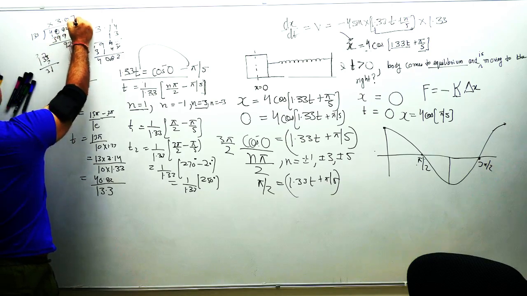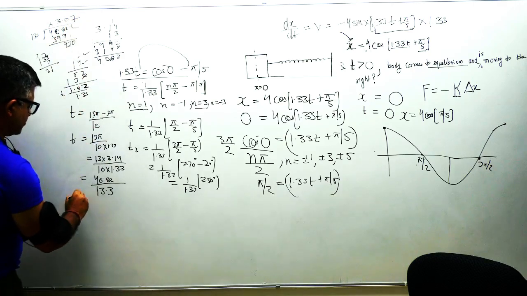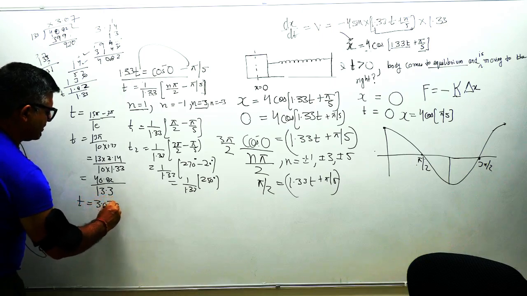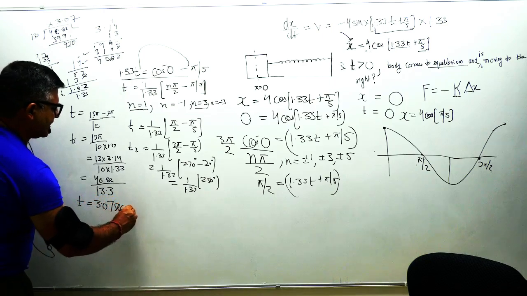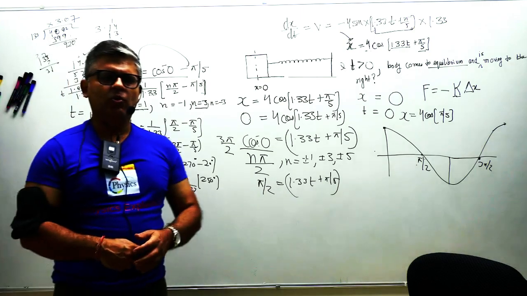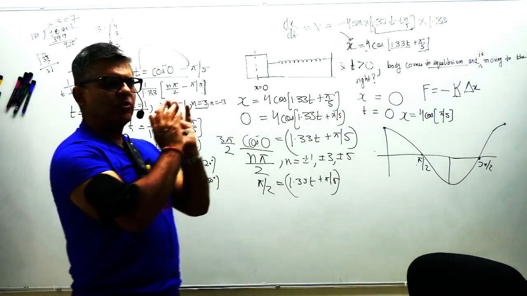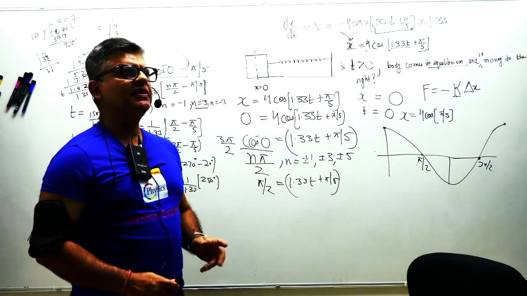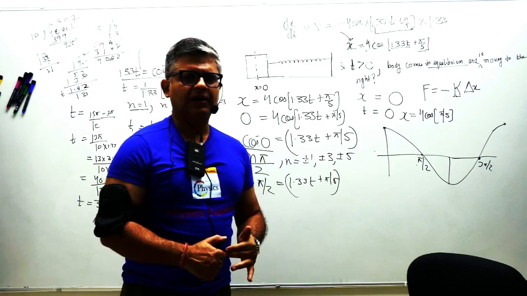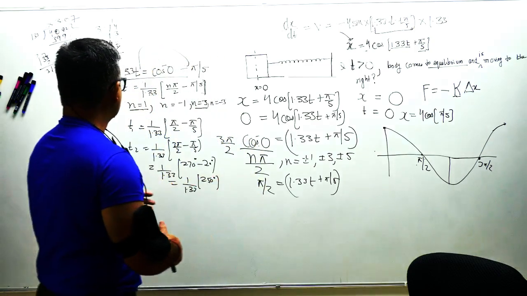So roughly around 3.07. So what you get is t equal to 3.07 seconds. This is the time at which the body will be moving towards the right and will be in the equilibrium position for the very first time.